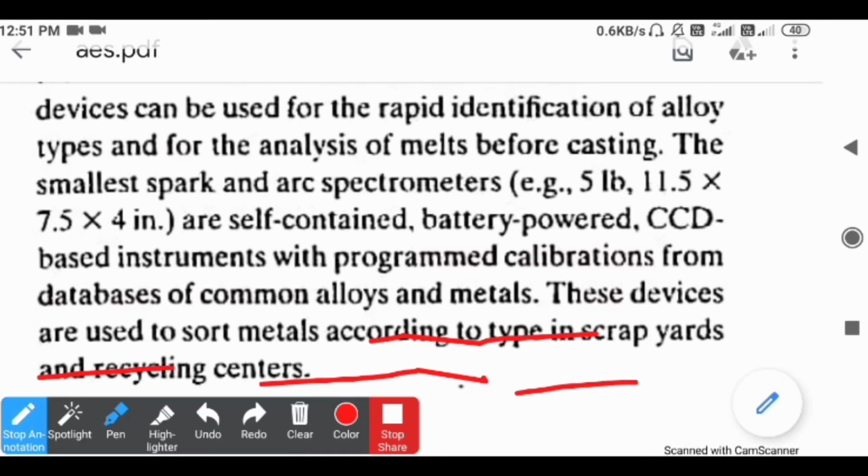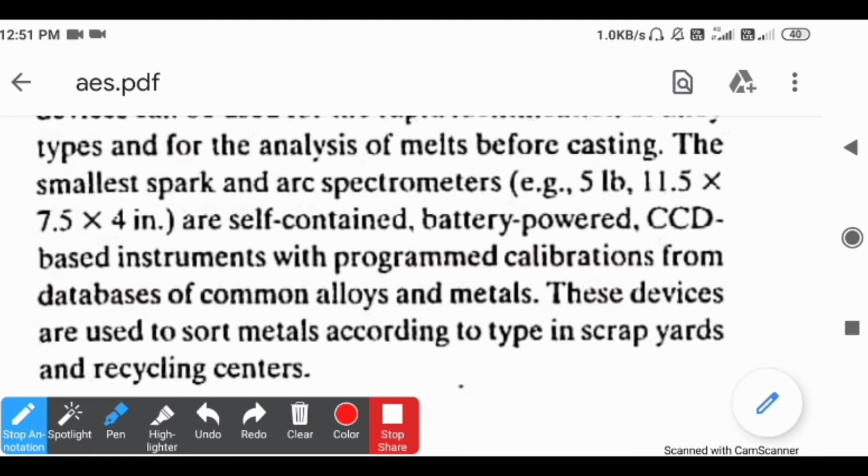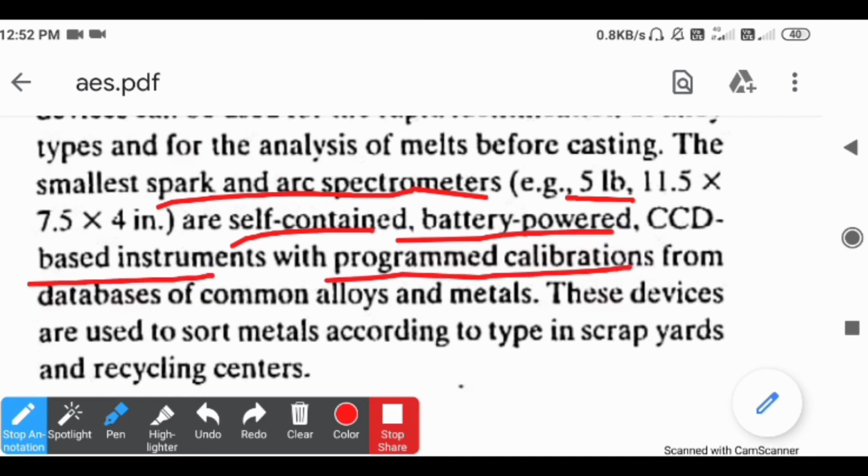Generally, you can see here that the size of the arc and spark spectrometer is around this much. These are self-contained, battery powered, CCD based instruments with programmed calibration from a database of commonly known alloys and metals. For specific industrial uses with metal alloys or scrap material, these arc and spark sources are combined as an arc and spark gun, so we can directly hold it onto the sample.